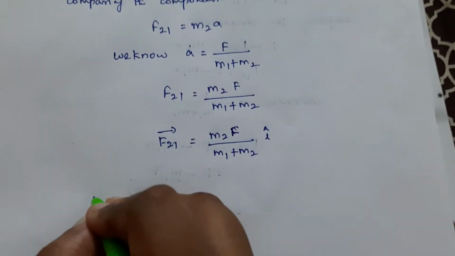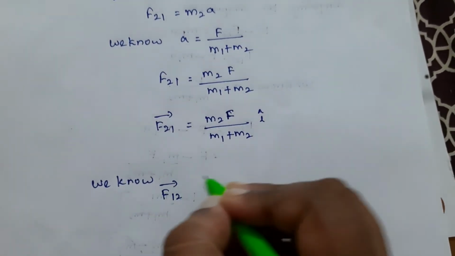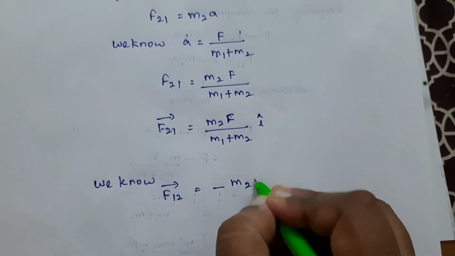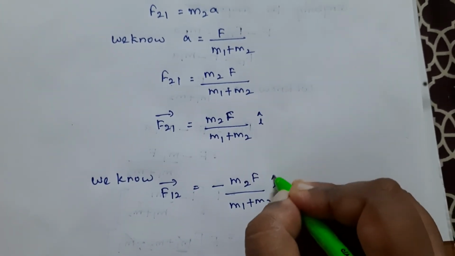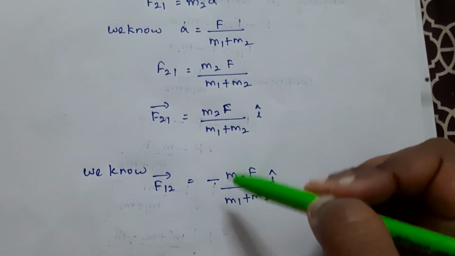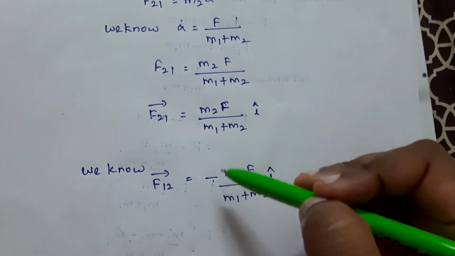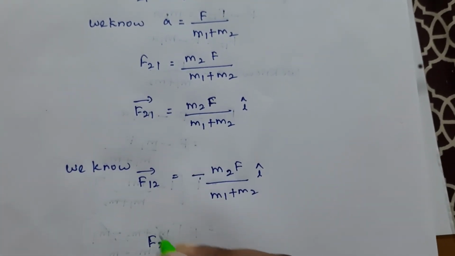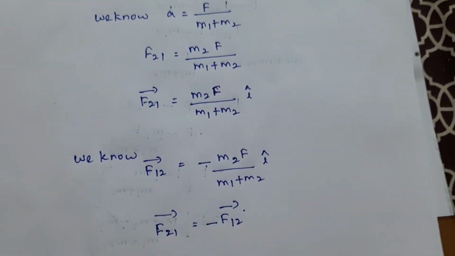Now we know F12 is equal to minus m2 f by m1 plus m2 i vector. From these two equations, F21 and F12 are the same, only there is a minus sign. So we can write F21 vector is equal to minus F12 vector.